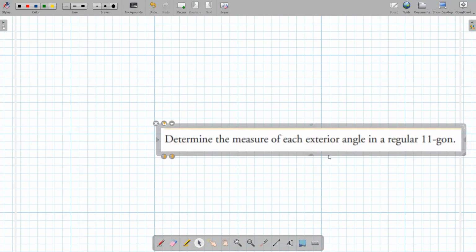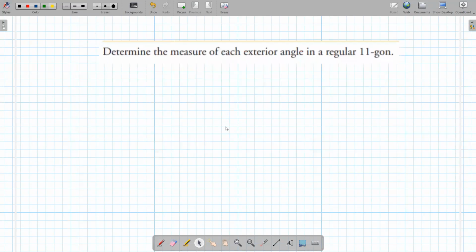Check this question out. Determine the measure of each exterior angle in an 11-gon. That just means a polygon with 11 sides. So we know the sum of the exterior angles is 360.